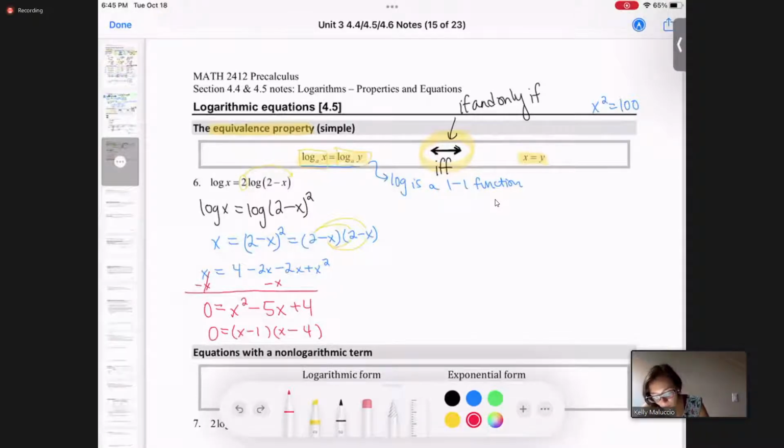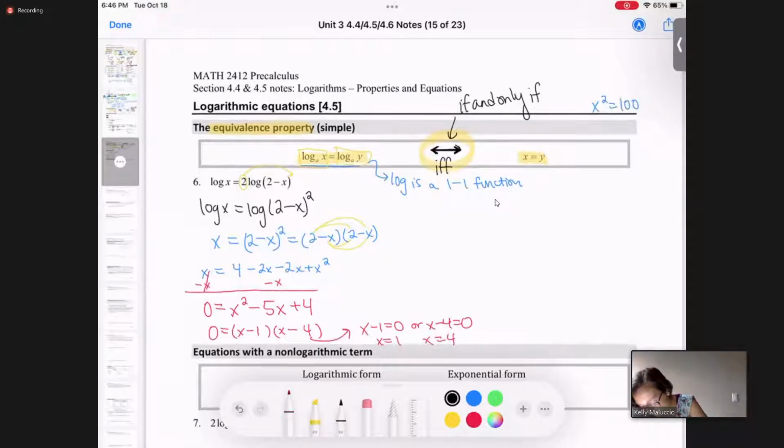Now, what I want to note, I'm not done, I didn't finish, right? Here I factored, so I get x minus 1 equals 0, or x minus 4 equals 0, so x equals 1, or x equals 4. Good stuff. So let's just check. The only extra piece with logs is that logs usually have what we call extraneous solutions.